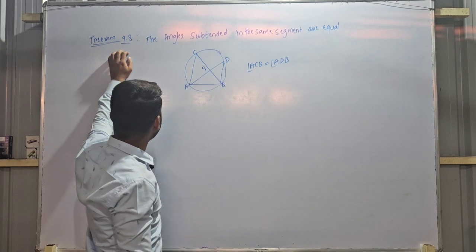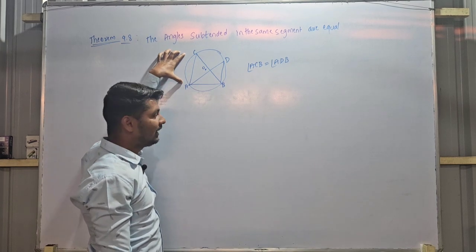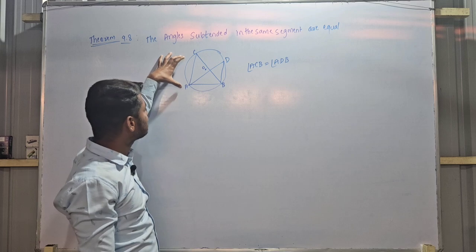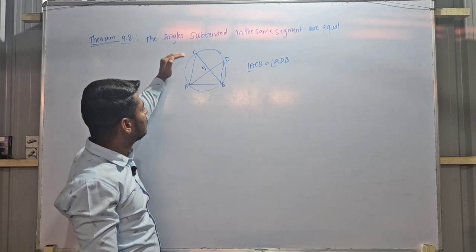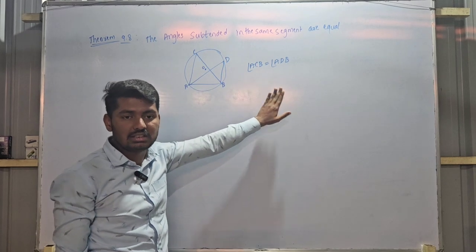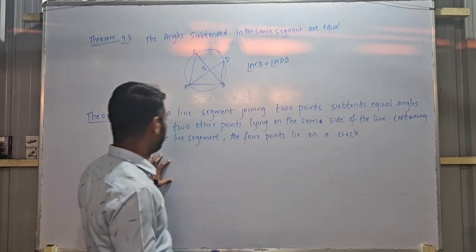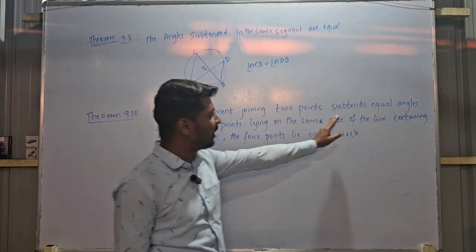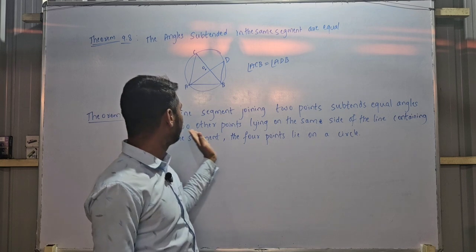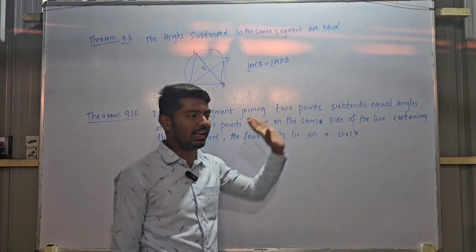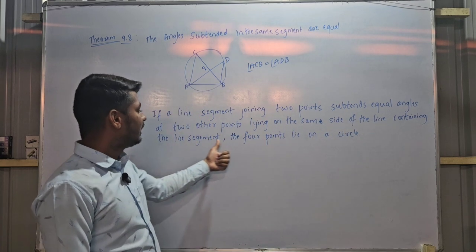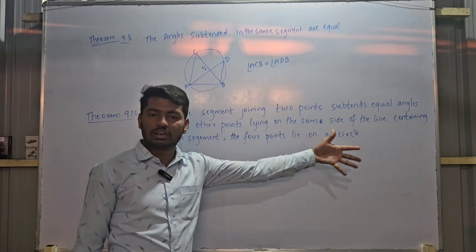What does theorem 9.8 say? The angles subtended in the same segment are always equal. Okay. Theorem 9.10 states that if a line segment joining two points subtends equal angles at two other points lying on the same side of the line containing the segment, then the four points lie on a circle.